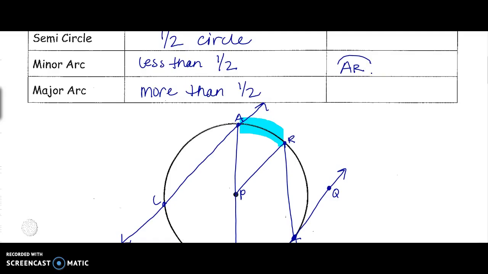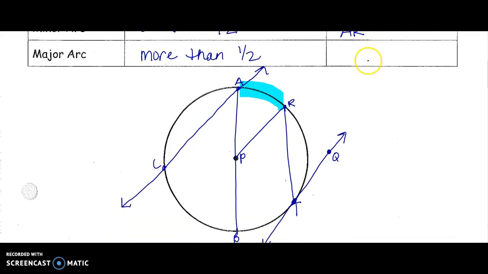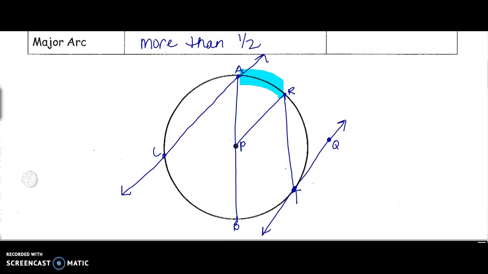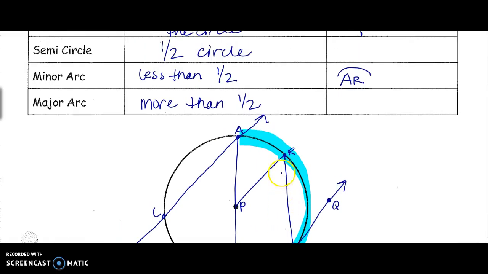A semicircle is half of the circle. So this AR would be continued all the way around, which would cover half of the circle. Again, semicircle and major arc have to have 3 points. So A, R, B: starting point, somewhere within the middle, and the ending point, with your arc symbol.